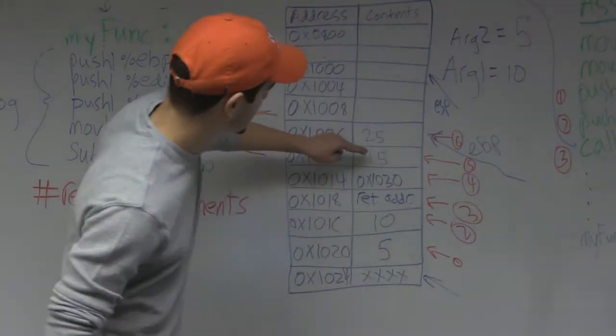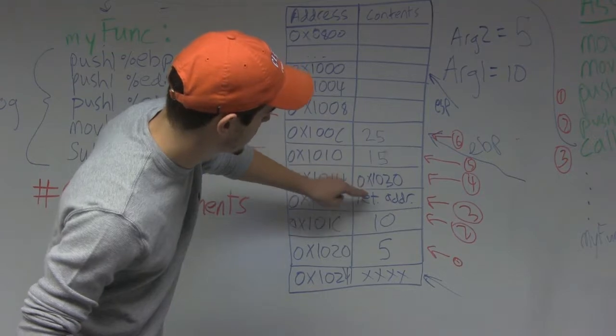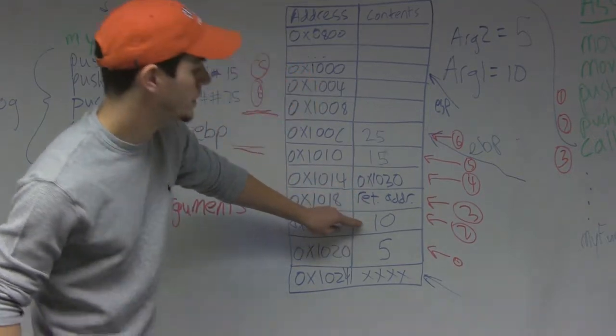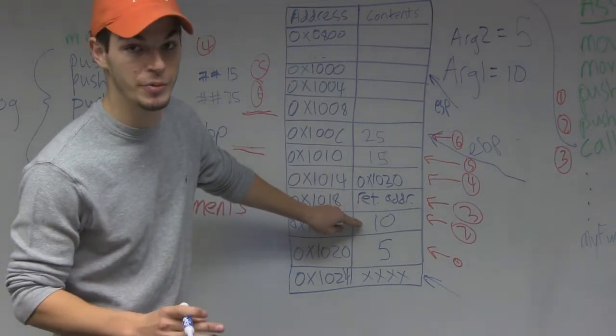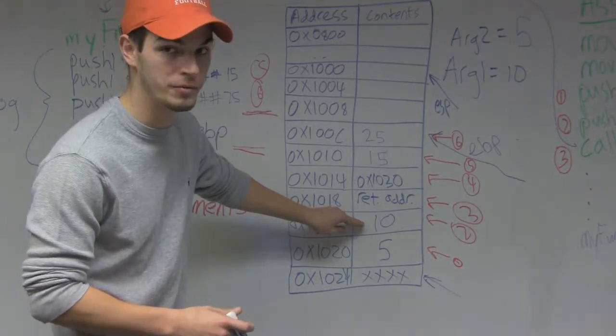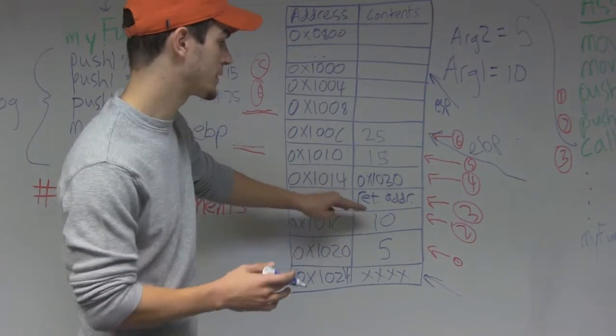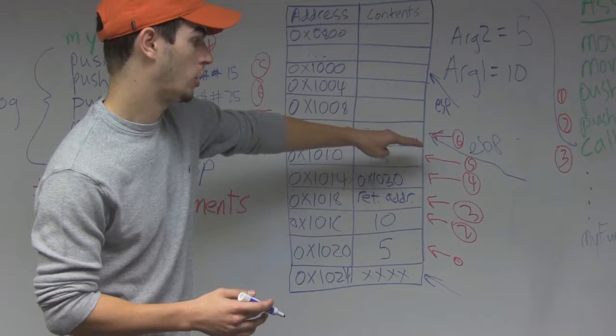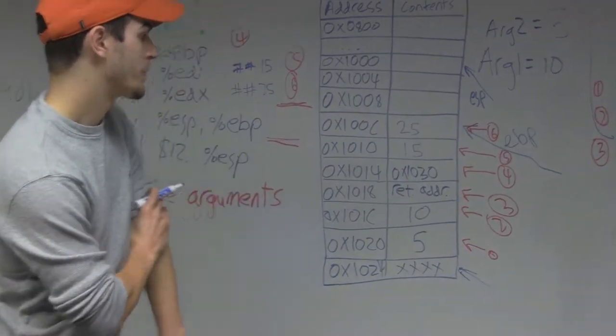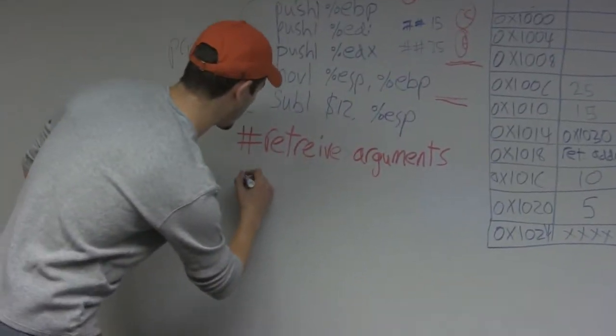And if we can count them, just 4, 8, 12, 16. So that means our first argument to be retrieved by the callee function is 16 bytes away from our base pointer. So we can add a positive offset.